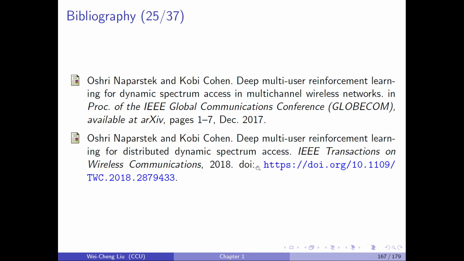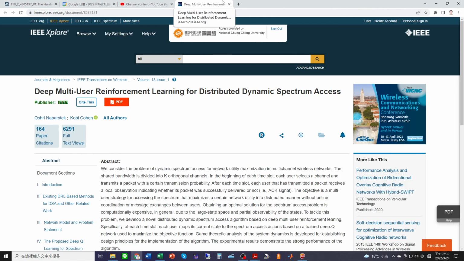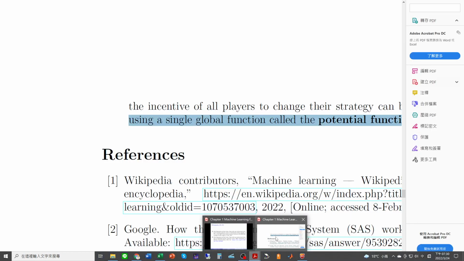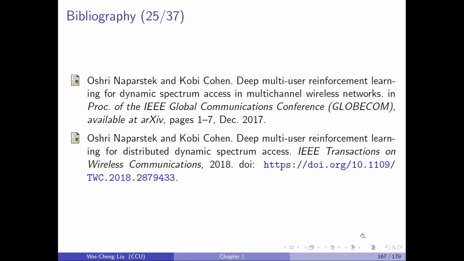And this is the DOI. When you click on this hyperlink, your browser will open this web page, and you can download a PDF of this paper. Okay, let us go back to the slides.